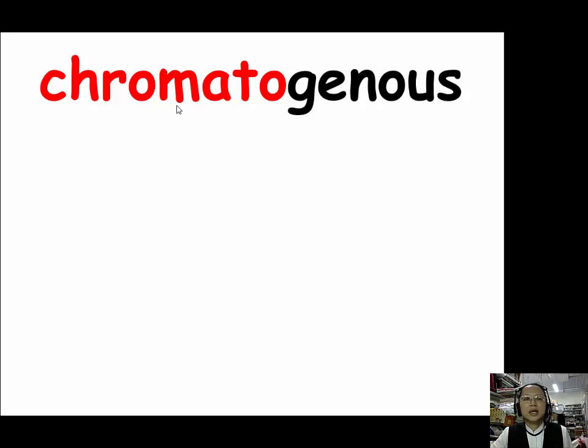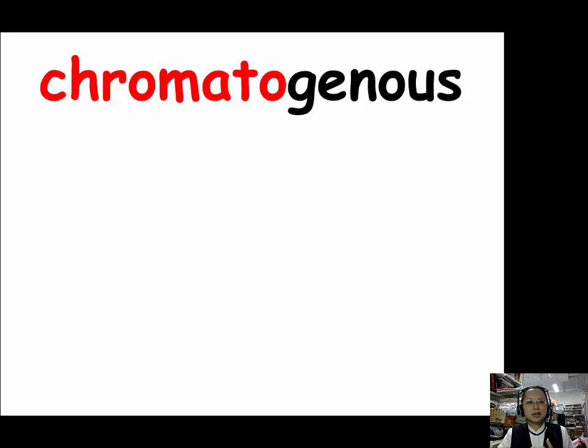Chromatogenous is an adjective to describe things that produce color or cause pigmentation. Like when we draw with watercolor, we can call the watercolor chromatogenous because it will give color. And when we accidentally put some ink on our hands, they will be stained with the ink.